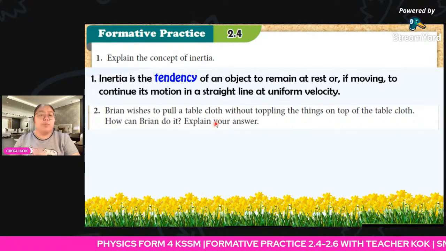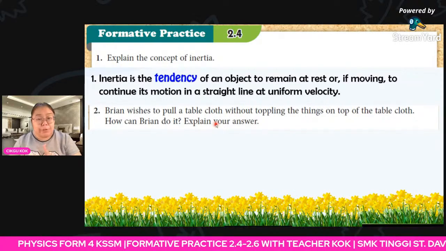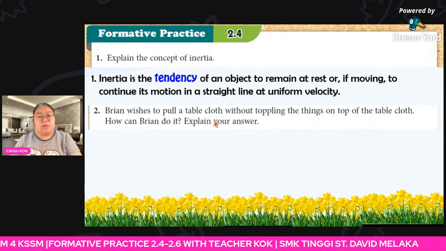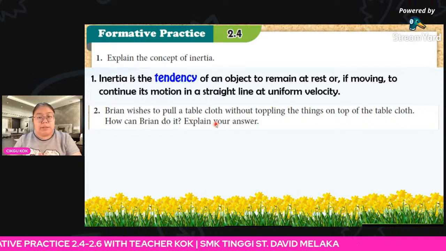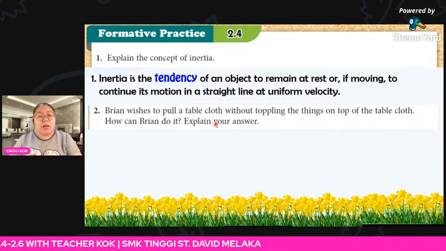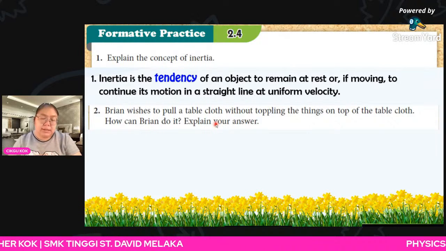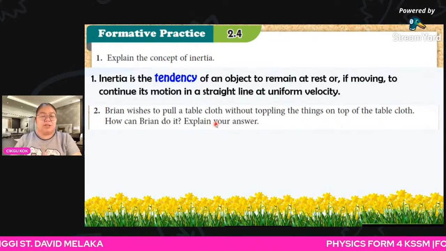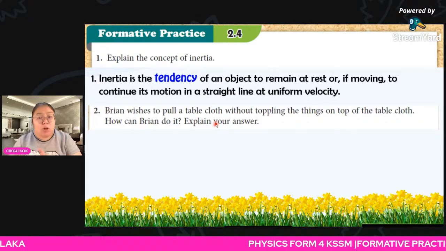If you pull slowly, it takes a longer time, so the things on the table have enough time to change their situation. That is why inertia must happen in a short moment.